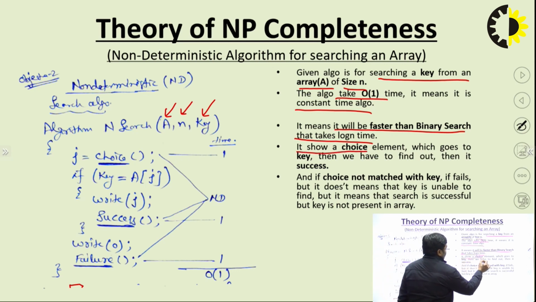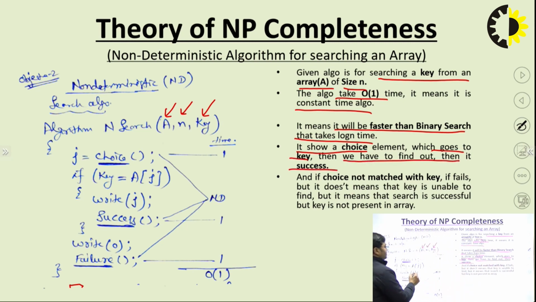It shows a choice element; if it goes to the key and we find it, then it is success. We have to check whether the key is equal to that particular choice element which choice has given as the jth element, and then we go to success.